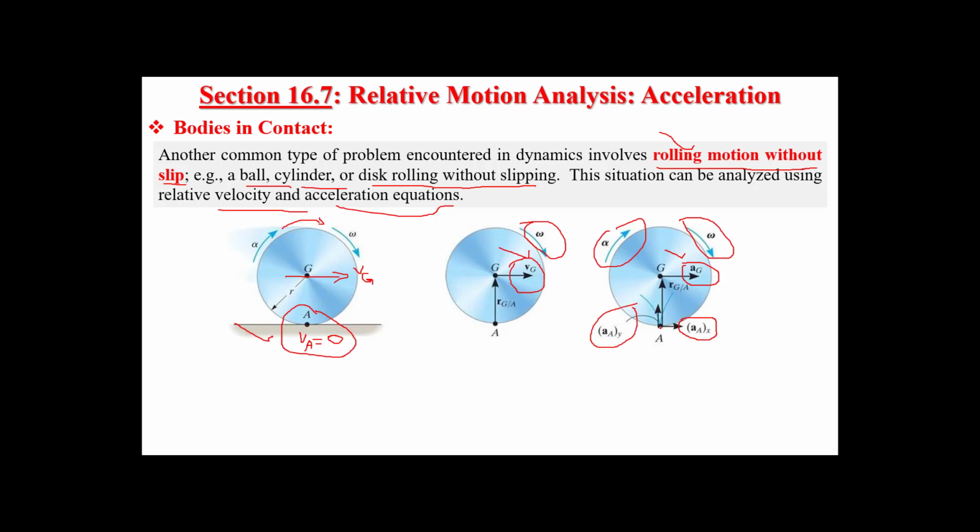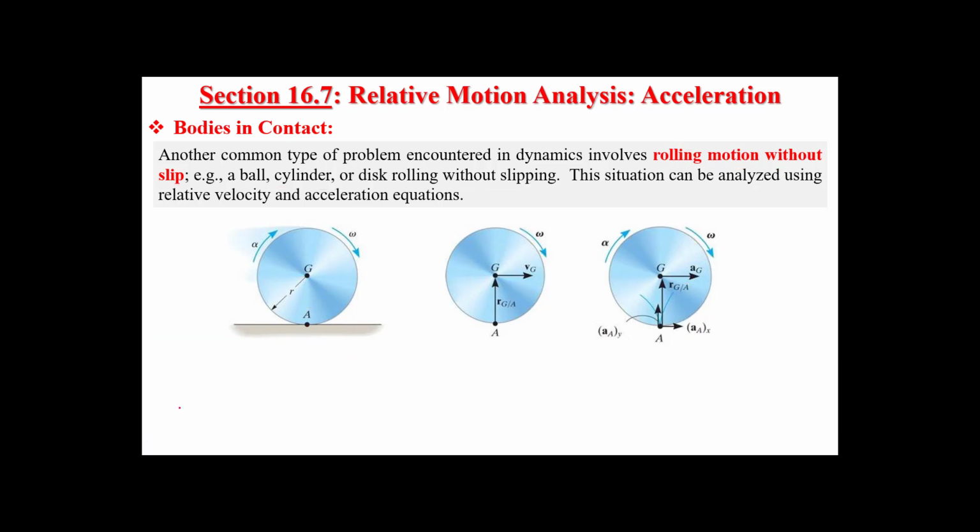But the point in contact with the ground will not have a horizontal component. It will have only a vertical component, the normal component toward the centroid. So this point, before hitting the ground, has acceleration downward, and just after leaving the ground, it has acceleration upward.